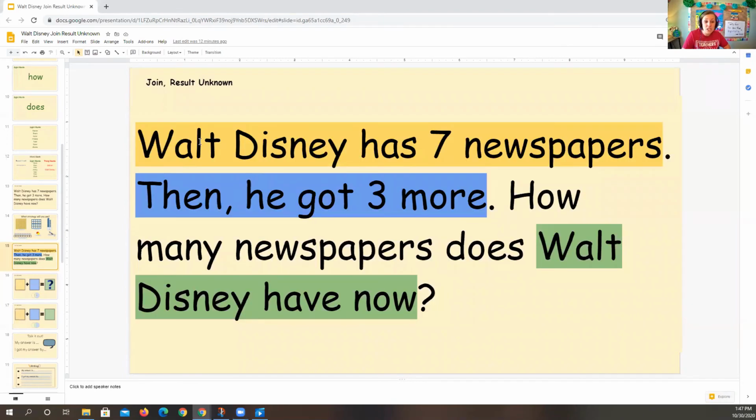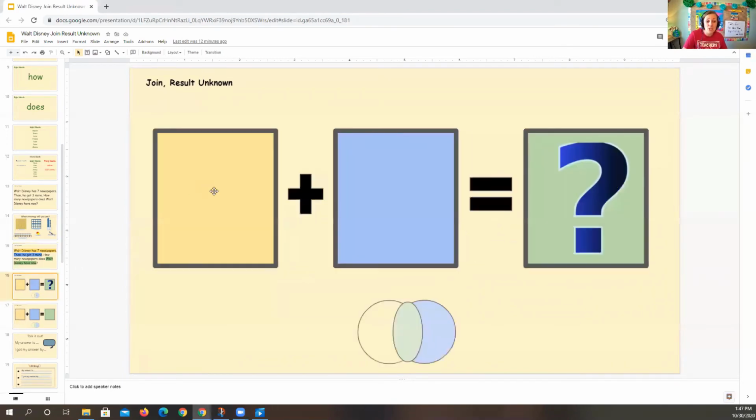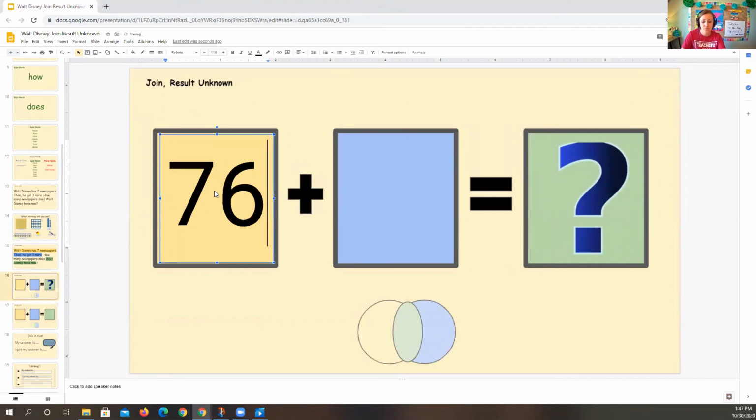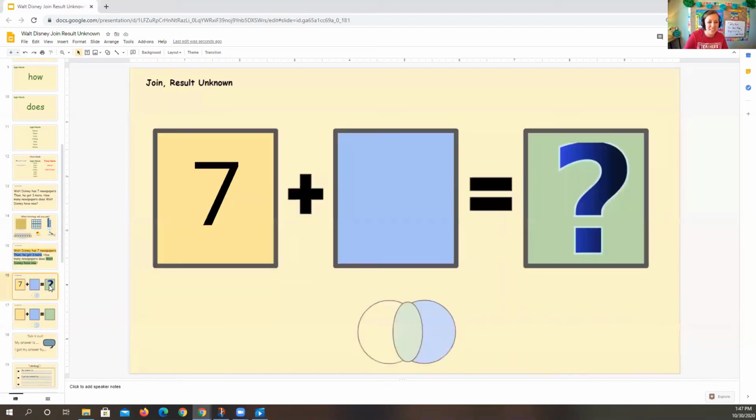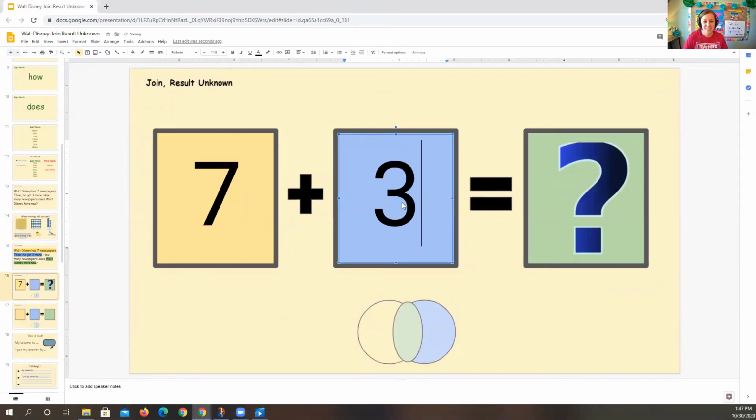And so first, we're going to look and see that Walt Disney has 7 newspapers. So we're going to put a 7 there. Then he got how many more? 3 more. So what's going to go in this blue box? 3. Now we have 7 plus 3, and that's going to give us our answer.